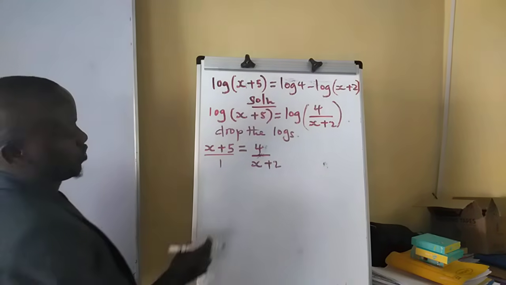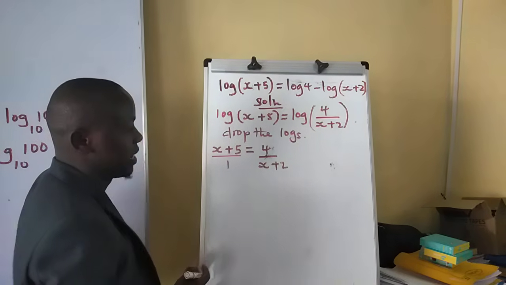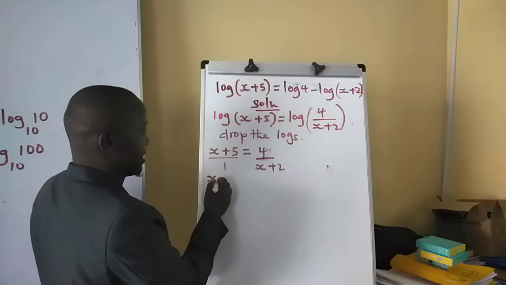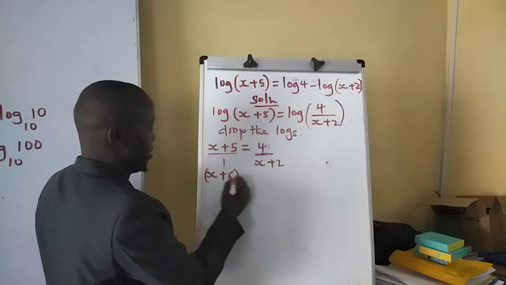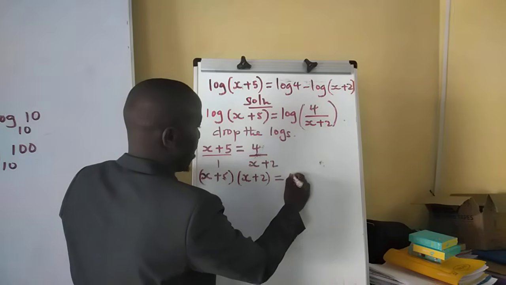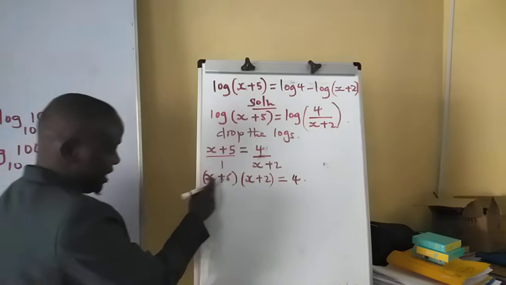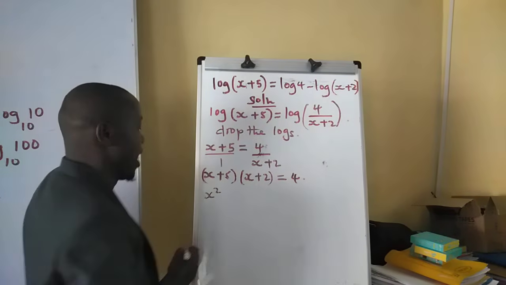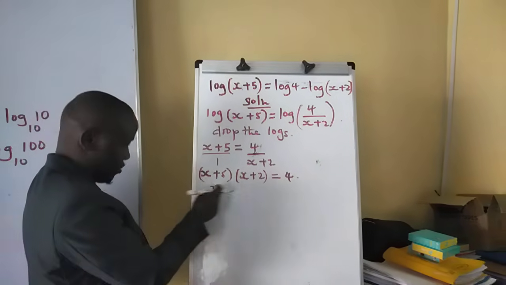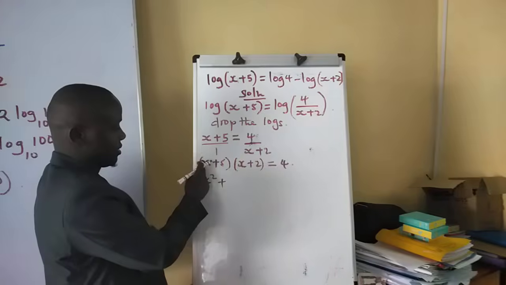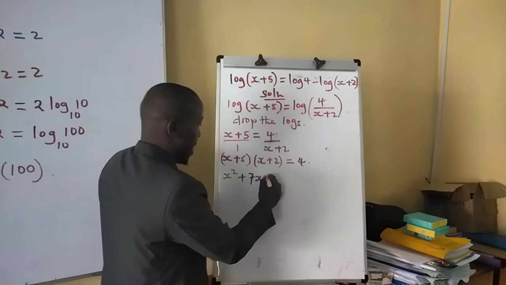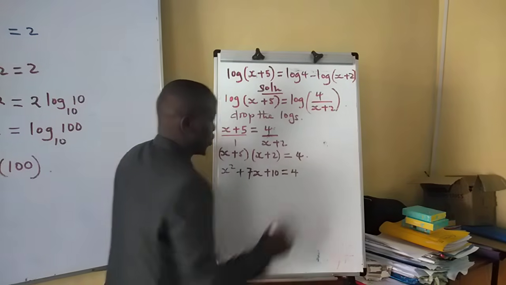Therefore, to solve this one, we can cross multiply, whereby we shall have x plus 5 times x plus 2 equals 4 by 1, which is just 4. We know how to open quadratic expressions. Therefore, this is x squared plus 2x plus 5x, which is 7x, plus 10 is equal to 4.